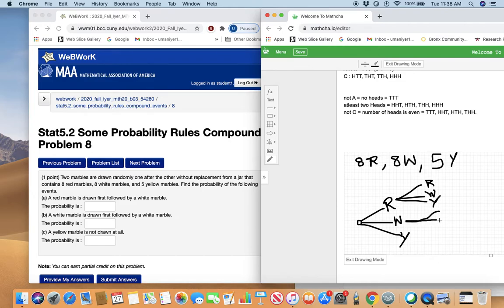Likewise, this is the second draw for white: red, white, yellow, and this is the second draw for yellow. Okay, so we got the picture done. Now, the probability of each branch. 8 red out of total. How many are here? 8 plus 8 is 16, plus 5 is 21 in all.